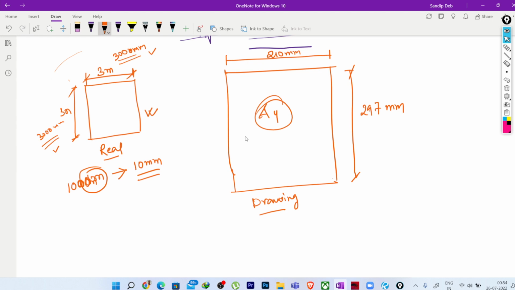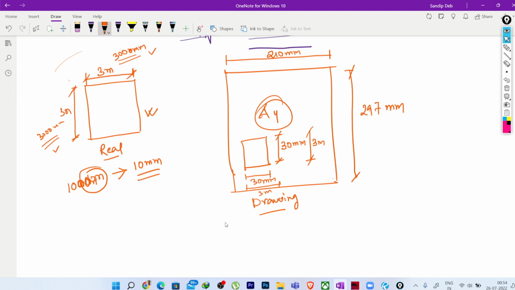It will be 30 mm. So we will be having a box of 30 mm by 30 mm, representing the box of 3 meter by 3 meters.